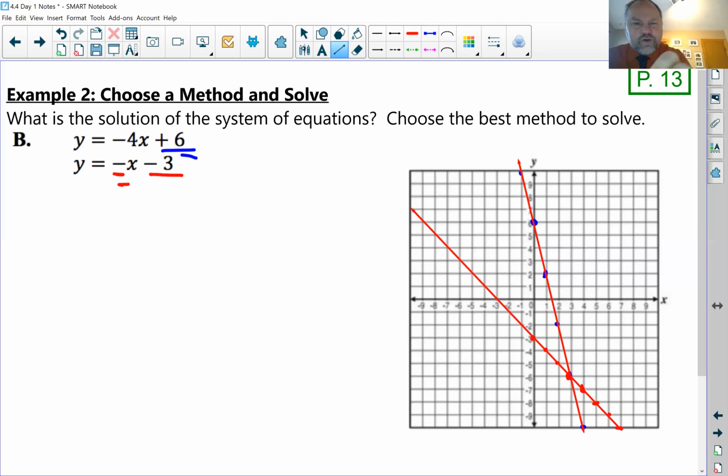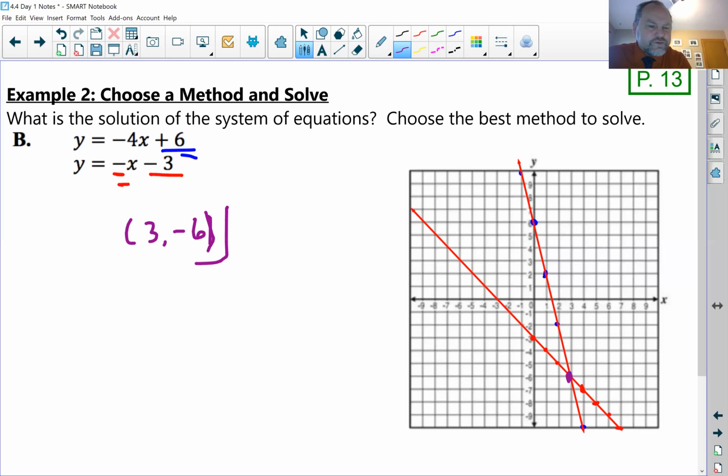And that's when I think you probably could see, as I made the points, where they crossed. And 3, -6 would be my solution.